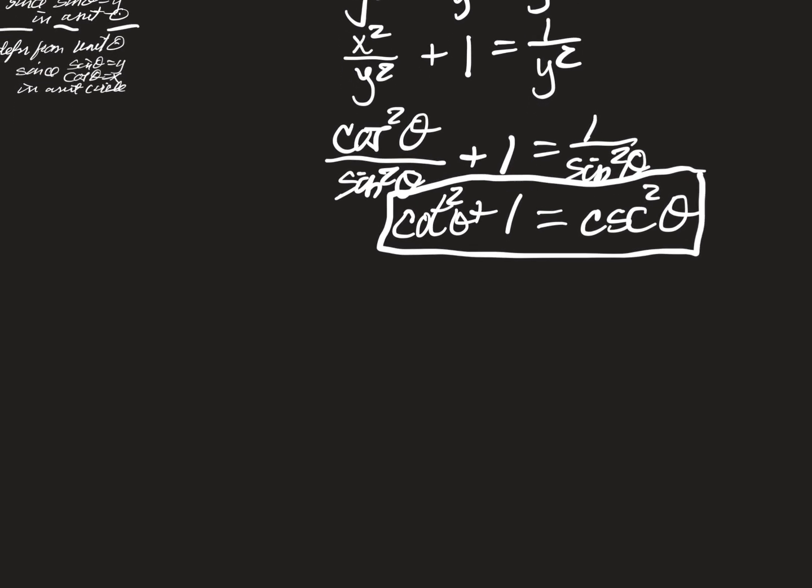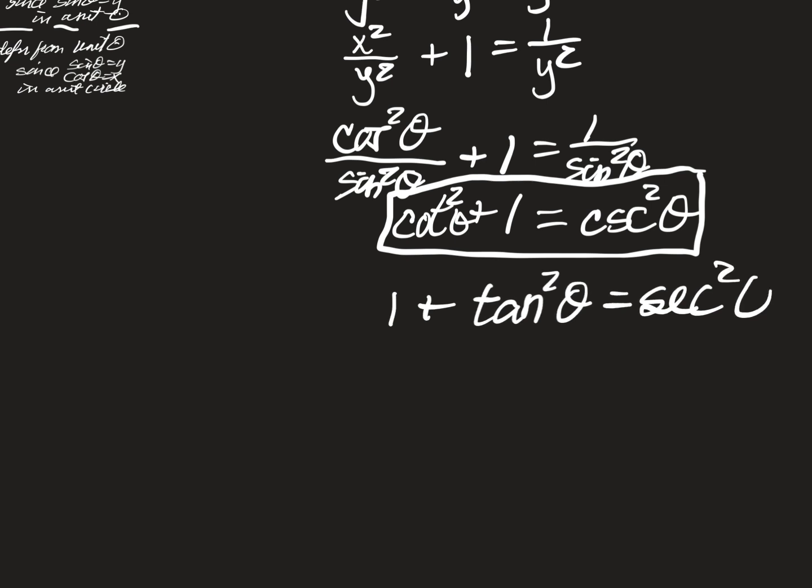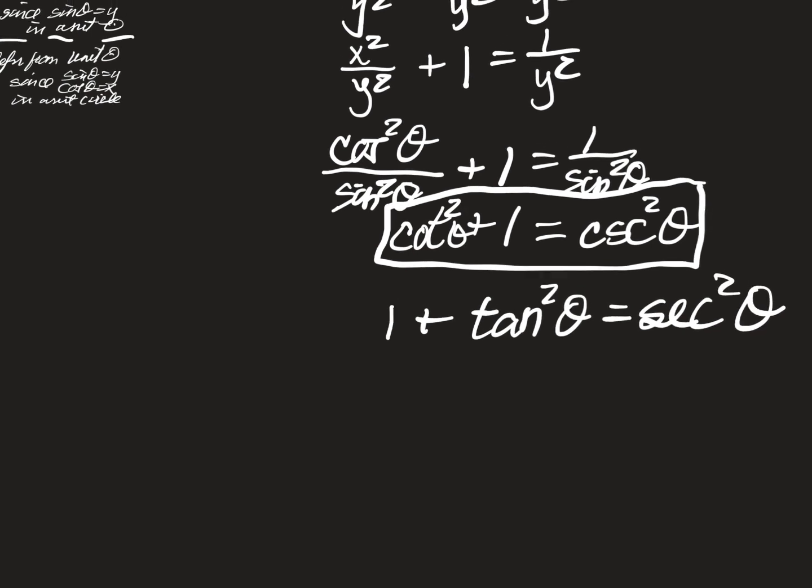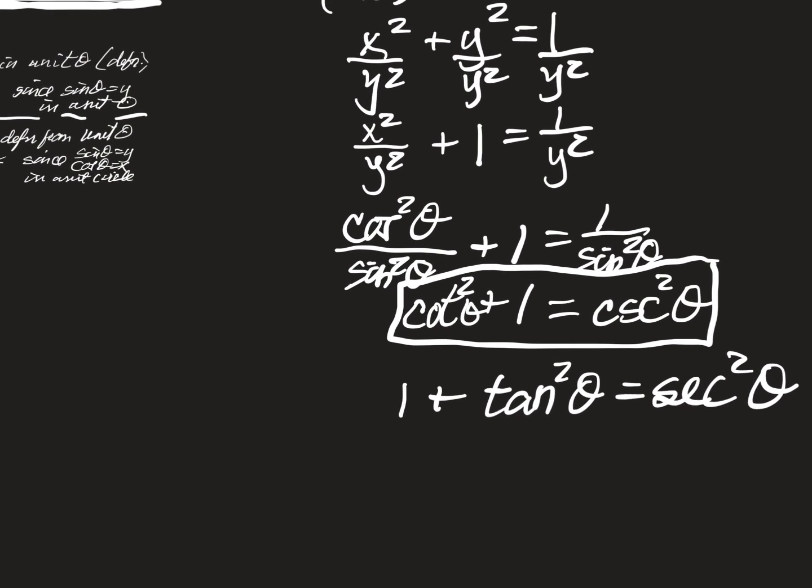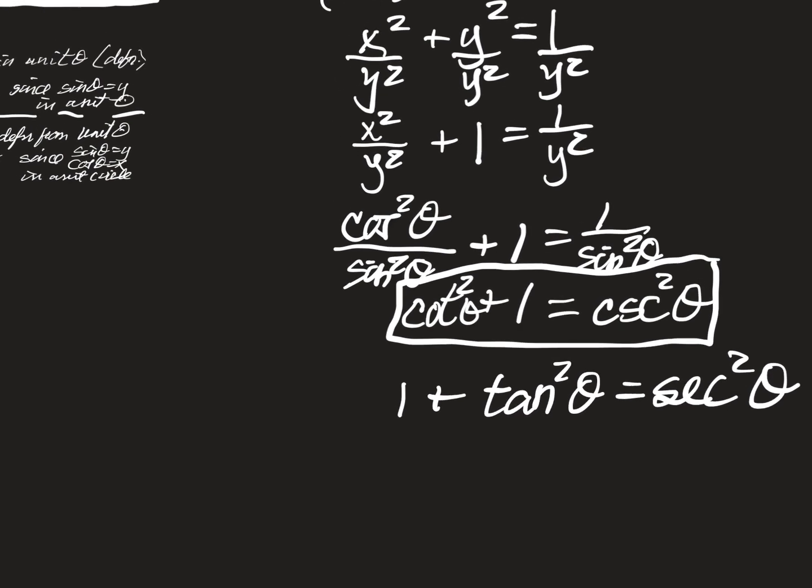And then finally, the last one is 1 plus tangent squared theta equals secant squared theta. I believe that's right. Yeah.